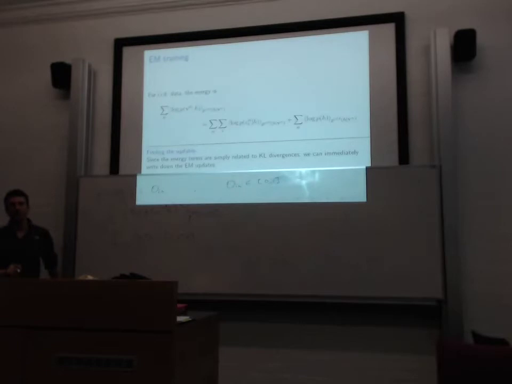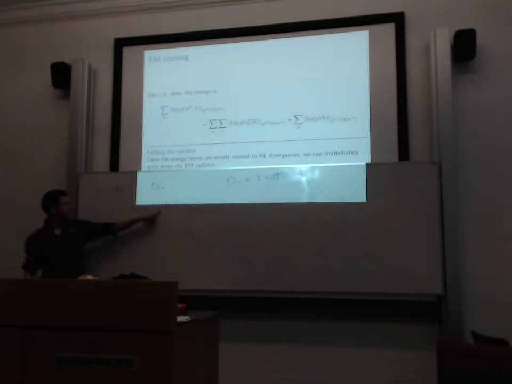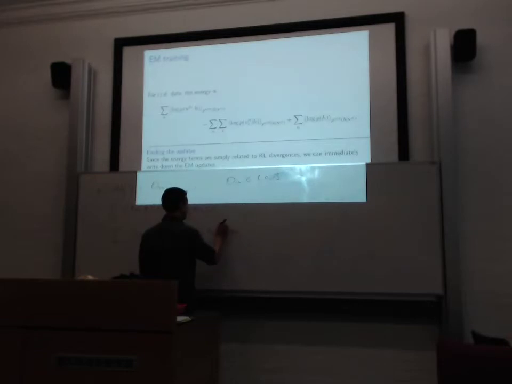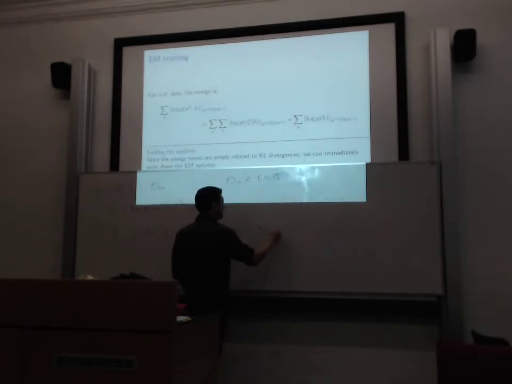Otherwise, I'll not get that expression. When this is in state 0, I'll get 1 minus theta. This is the probability of generating 0, which is 1 minus the probability of generating 1. So I'm going to get plus log 1 minus theta IH, when VIN is in state 0.